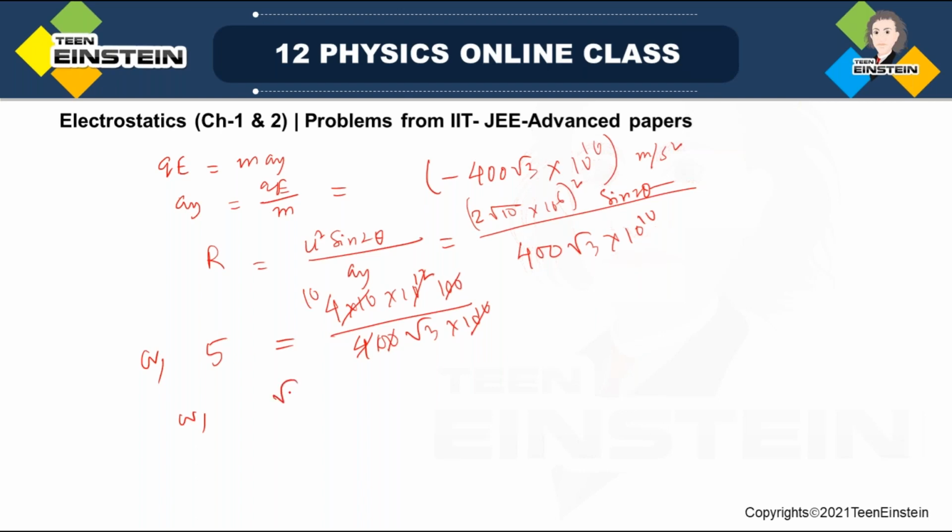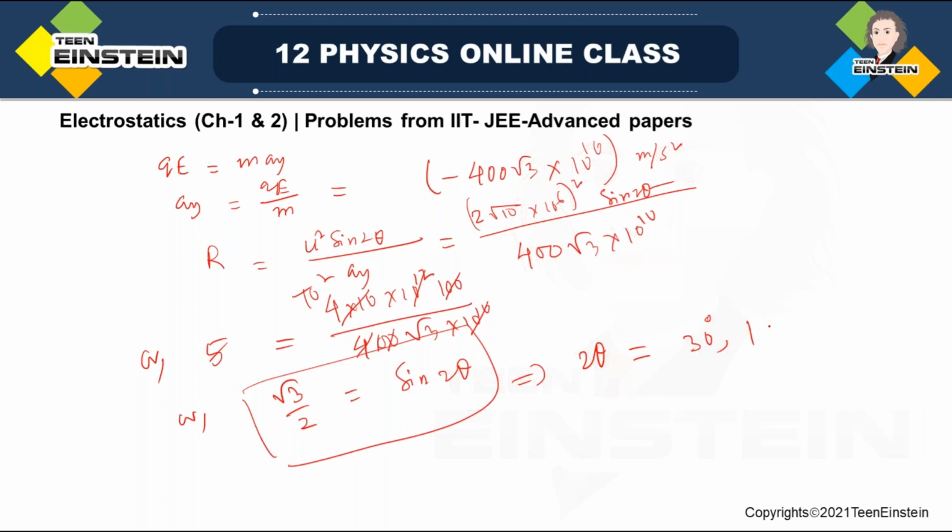So sine 2 theta is equal to root 3 by 2, and this value implies that 2 theta could be 60 or 120.